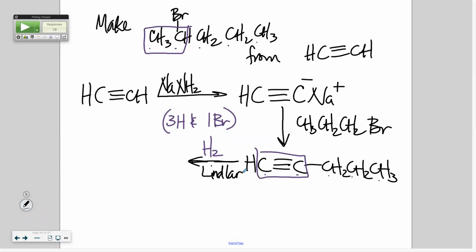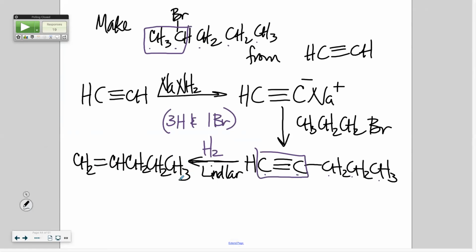The cis one. Does that matter on this problem? No, but it stops at the alkene. That's the part that matters. Okay, now what do we do?